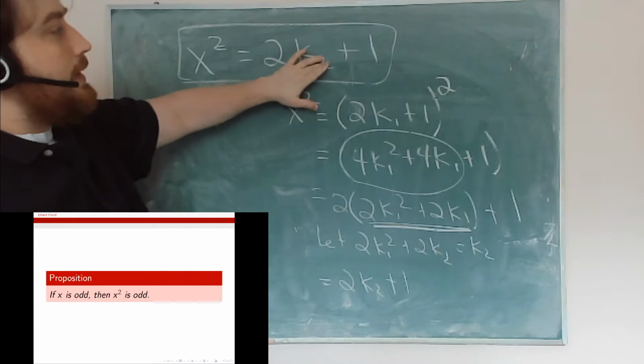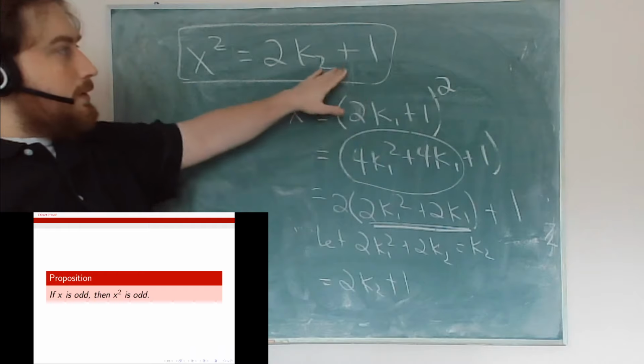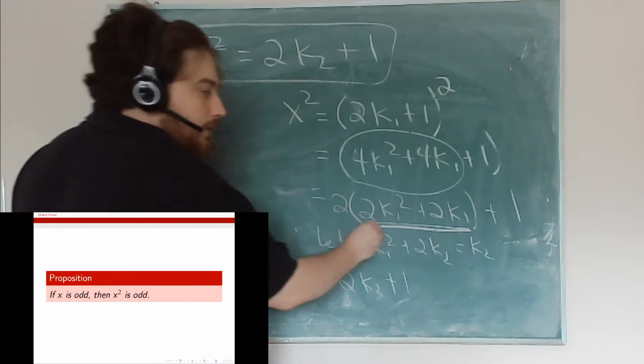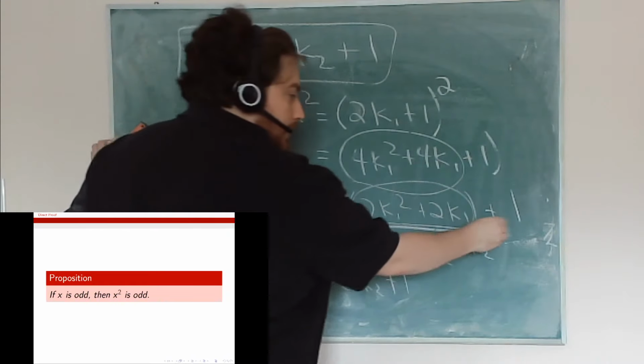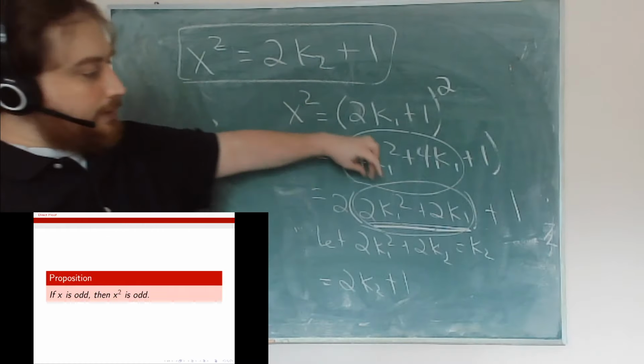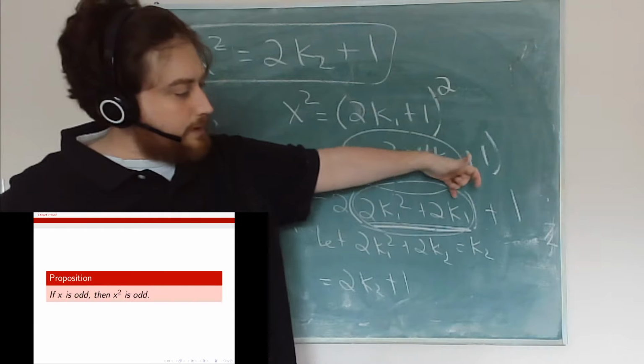So we wanted to show that x squared looks like 2k2 plus 1. So in order to do that, we said, well, we have 2 times some integer plus 1. So we wanted it to look like this, but we noticed that this is just an integer, 2k1 squared plus 2k1.